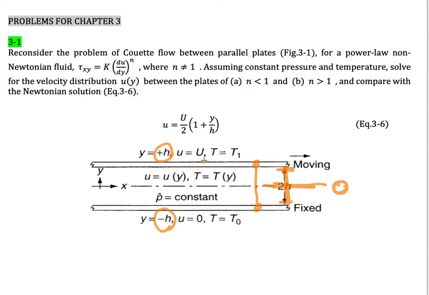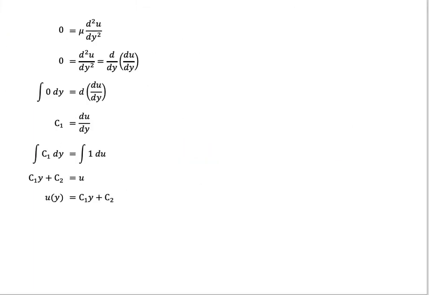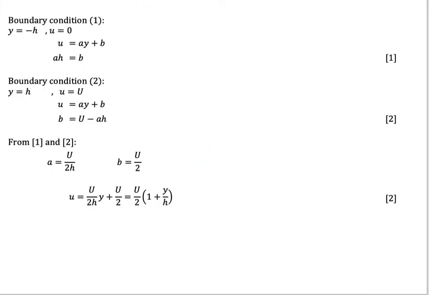Here the velocity is capital U because this plate is moving at a certain velocity. However, here the velocity is equal to 0. After we substitute all the boundary conditions here, we could get the velocity distribution as this one.